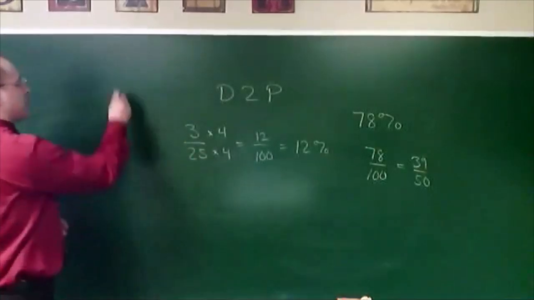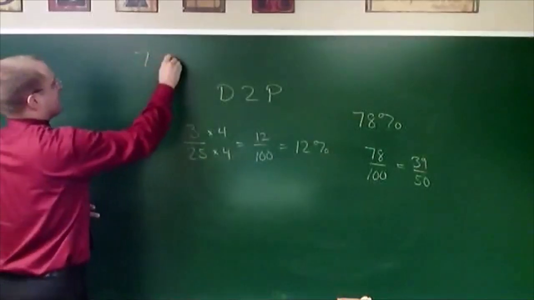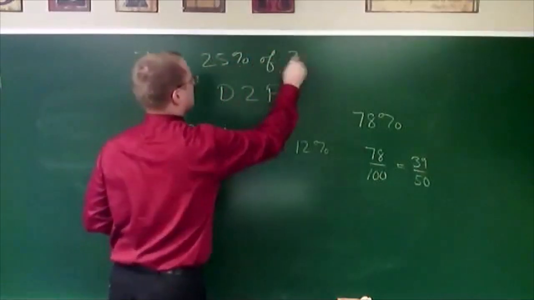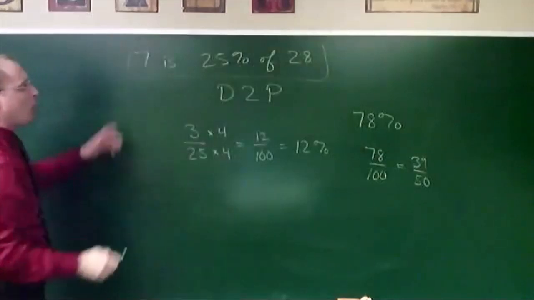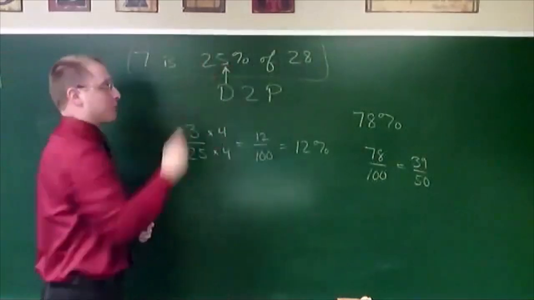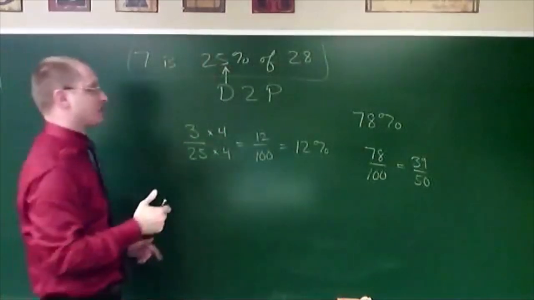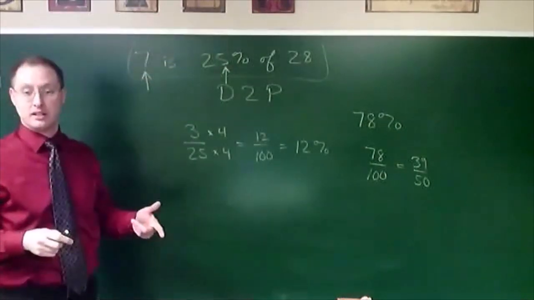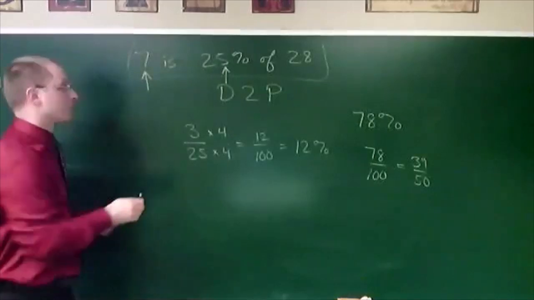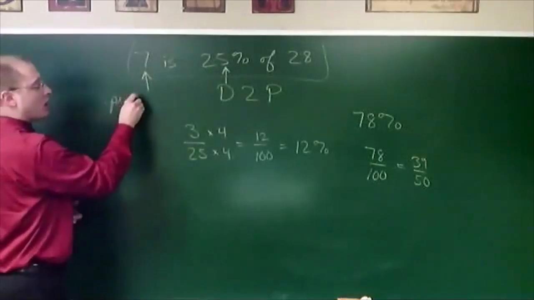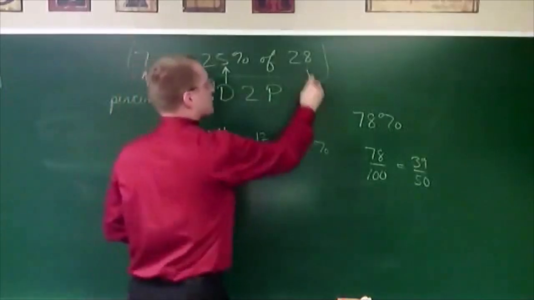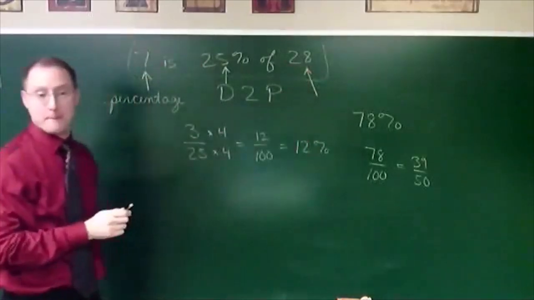Now, if we said 7 is 25% of 28, obviously this is our percent, because you see the percent sign. We call the 7 our percentage, and the 28 is called the base.